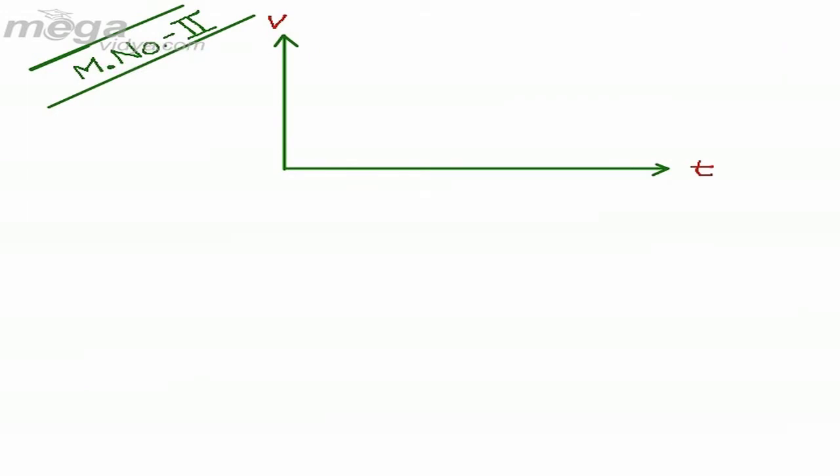This is the main key point we are going to use to draw this graph, because for constant acceleration the velocity-time graph is a straight line, and from the displacement information, the acceleration of the particle is negative. So in case of negative acceleration, the velocity-time graph will be a straight line with negative slope.